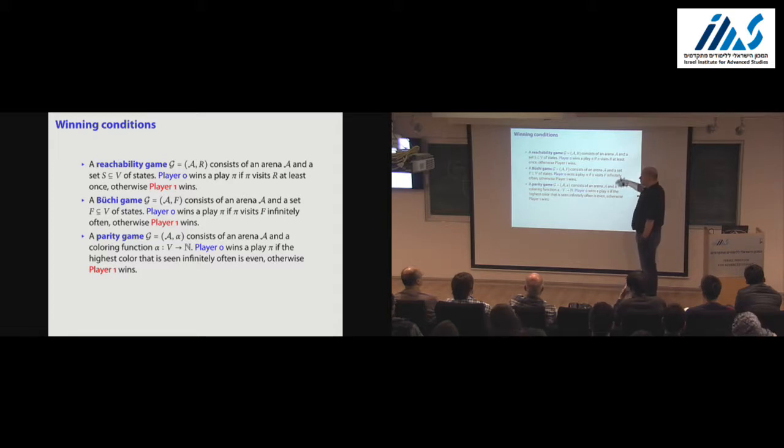So one straightforward motivation for going beyond Büchi games is that often you have specifications that have an assumption and a guarantee. So you say, if this happens infinitely often, then that happens infinitely often. If you're just looking at the guarantee, then you have a Büchi condition, right? Something needs to happen infinitely often.